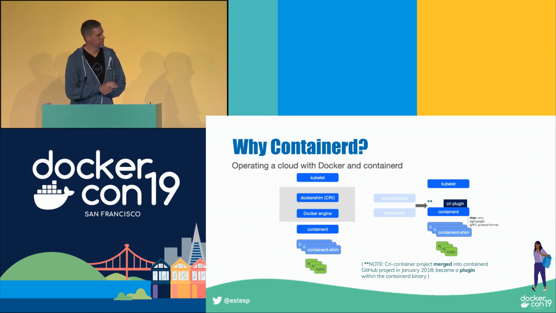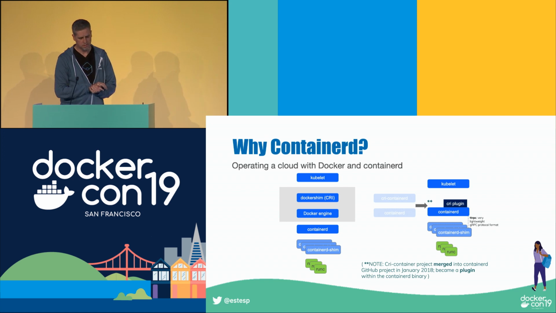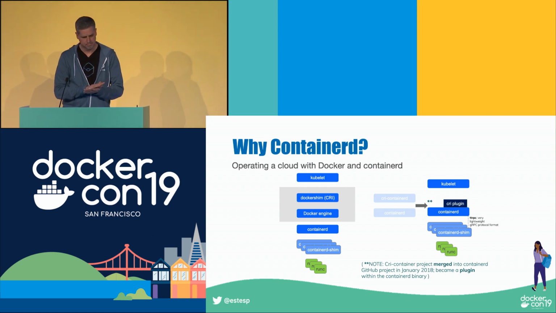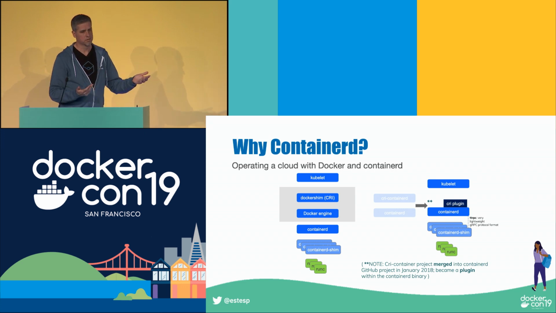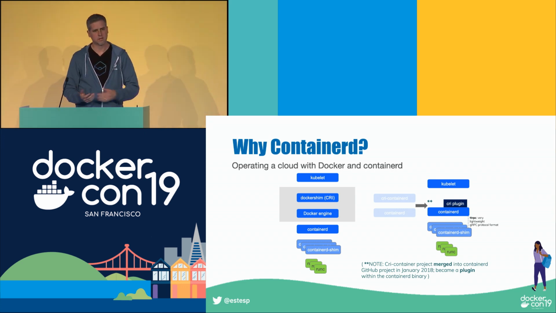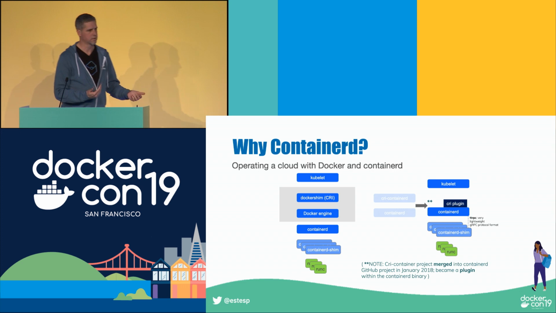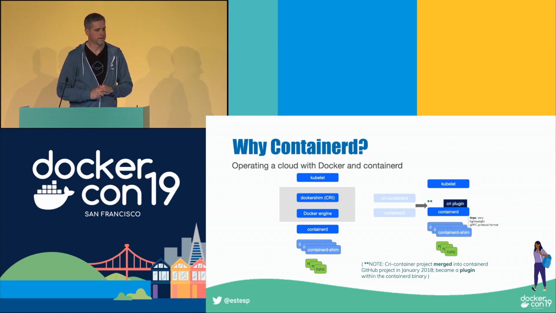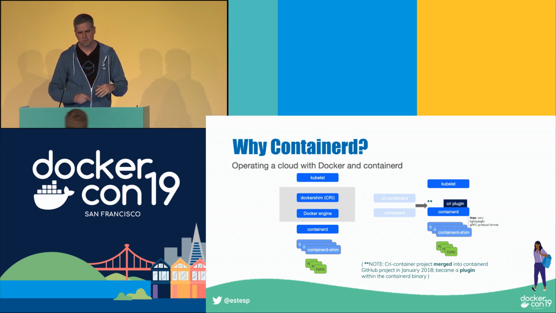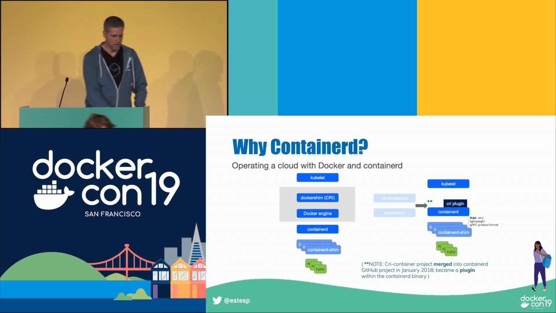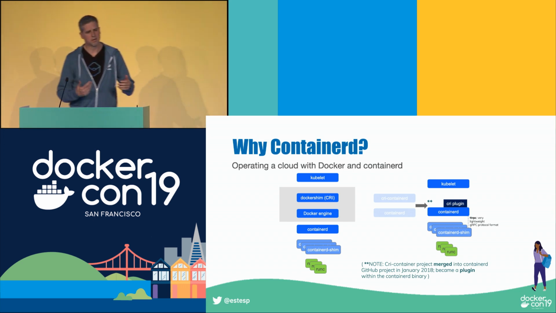So as I got involved in the Containerd project, and as you saw from Lantao's presentation, one of the things that attracted us operationally to Containerd was simplifying this picture, and having a simpler operational model for how we ran containers in our Kubernetes offering.